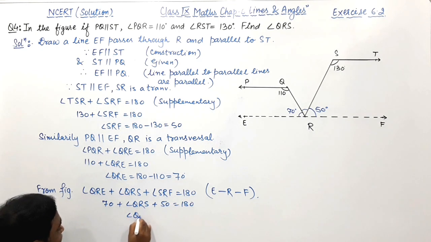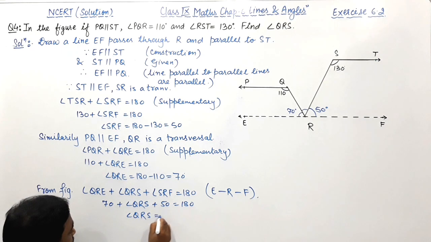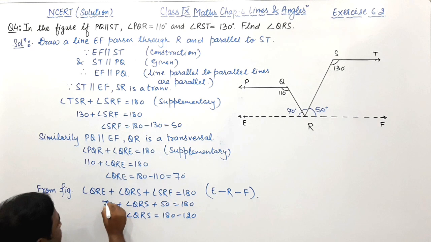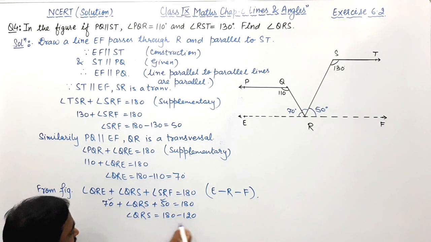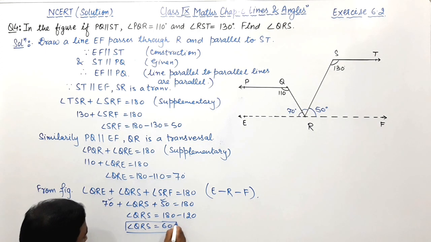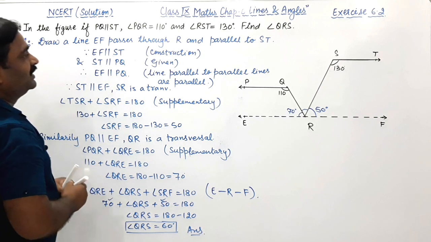Therefore angle QRS equals 180 minus 120 degrees, because 70 plus 50 is 120. So we got angle QRS equals 60 degrees. Right, students? So this is our answer which we have found.